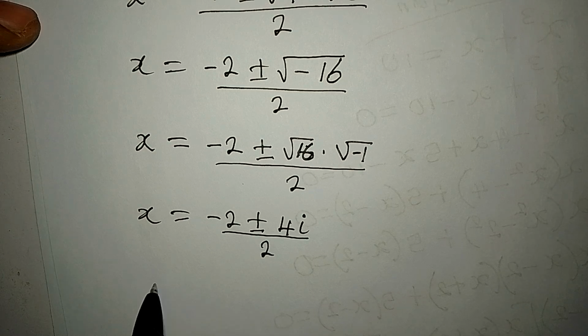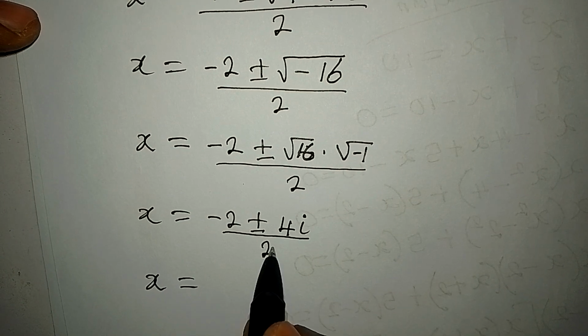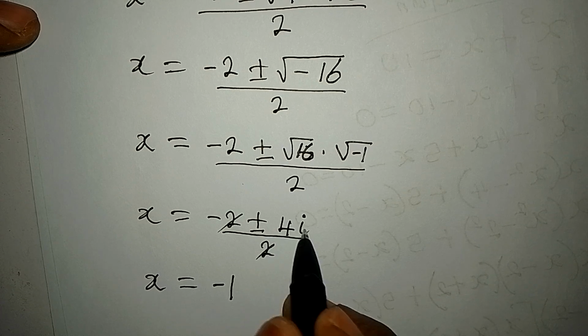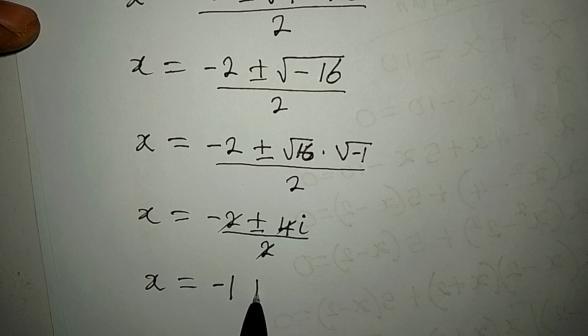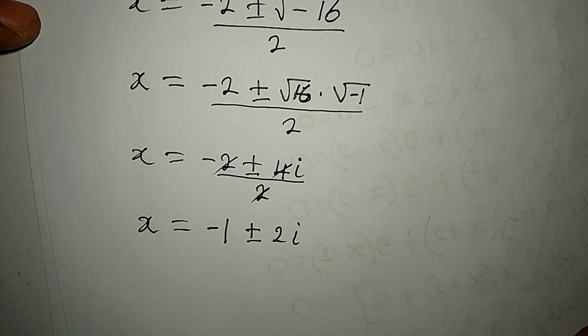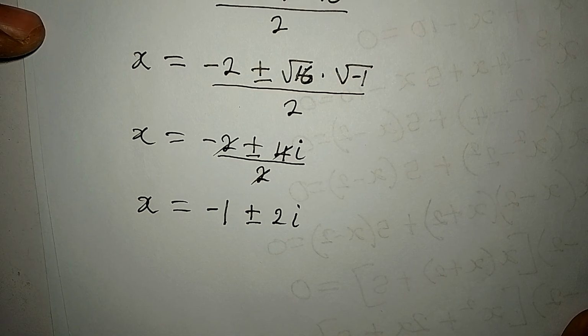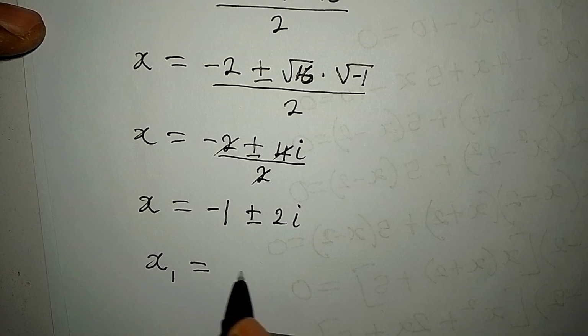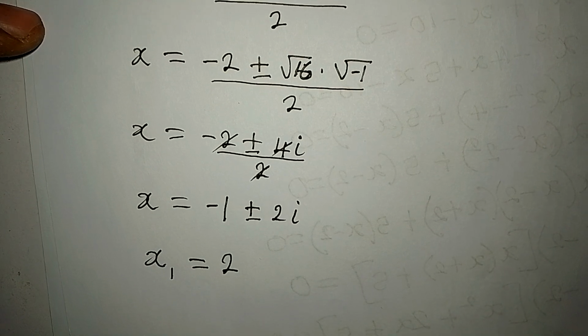And then from here, our x is equal to, 2 can go there, we have minus 1. This same 2 will also go there, and we have plus or minus 2i. So this is a 2-in-1 solution, right? Now let's get the 3 solutions together. The first is x1 and is equal to 2. This is the only real solution.